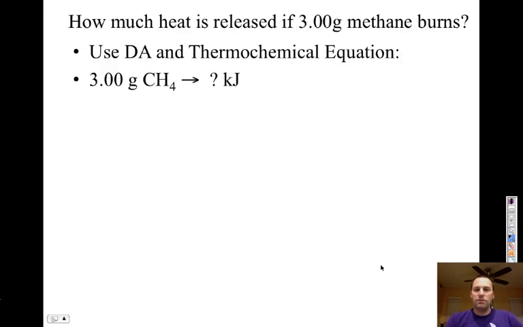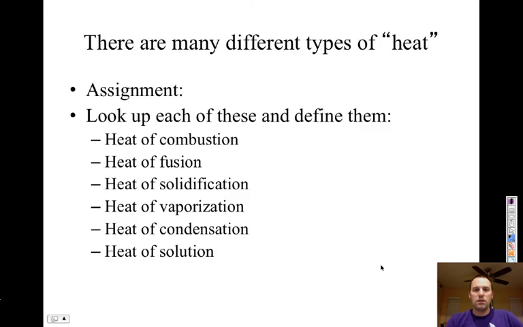So finally, we have many different types of heat. I want you to look up each of these in the book and define them, and it's pretty self-explanatory. You might even be able to get away without looking it up in the book. Heat of combustion, for example, you have to keep it straight.